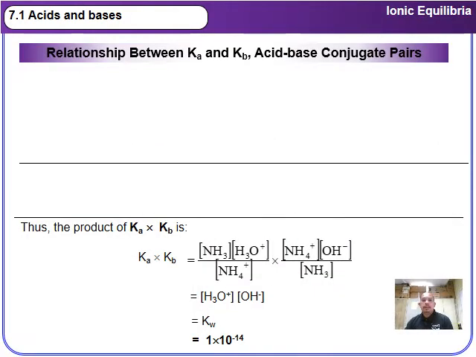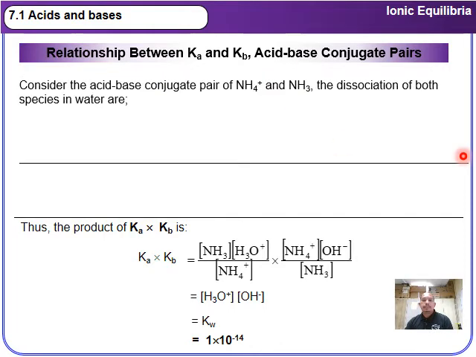When we put Ka and Kb together, here is the relationship between them. I use this example of NH4 positive and its pair NH3. So we consider the acid-base conjugate pair of NH4 positive and NH3, and the dissociation of both species in water.